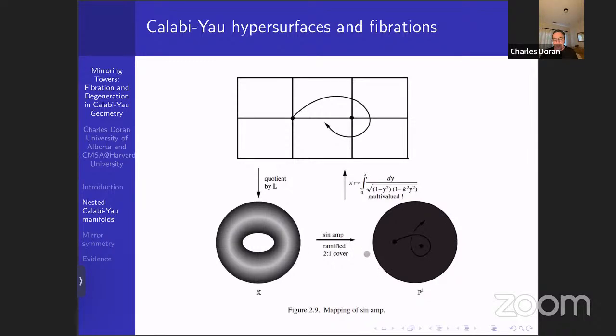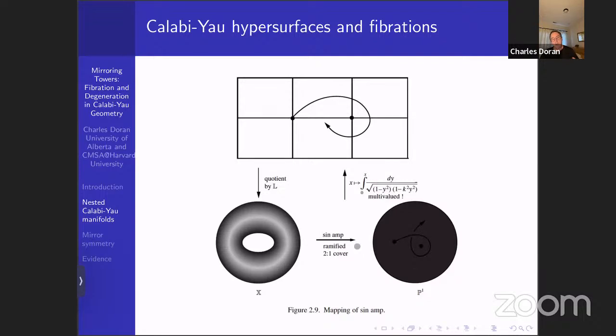What's happening here is the sinus amplitudinis is a function of C, but it factors through the quotienting by the lattice, in this case the lattice L, as it's called. And the map that it induces from the elliptic curve to P1 is a ramified 2-to-1 cover.